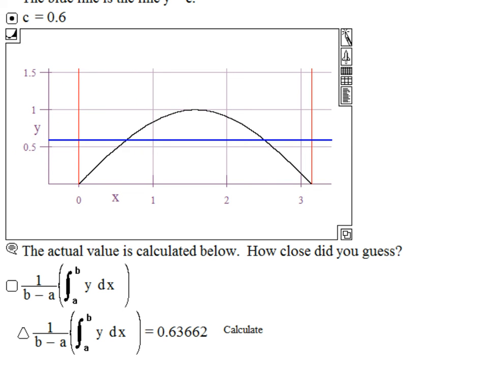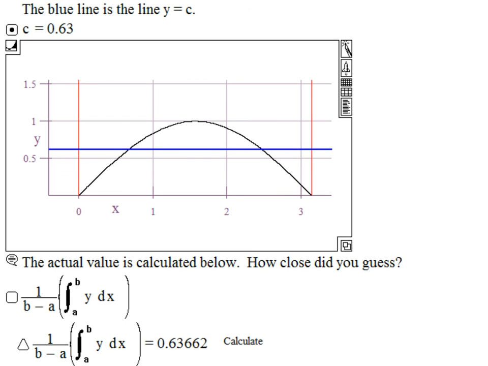And in this case, it turns out to be 0.6362. So my 0.6 was not too bad. If I go a little bit higher, 0.63662, you can't really tell that it's changing. But anyway, at this point right here, that height is the average value of the sine curve between 0 and pi.